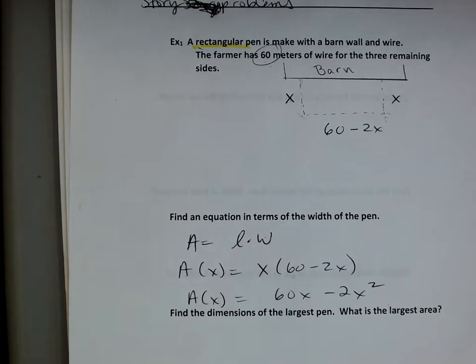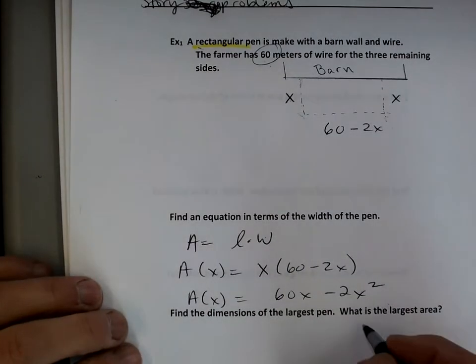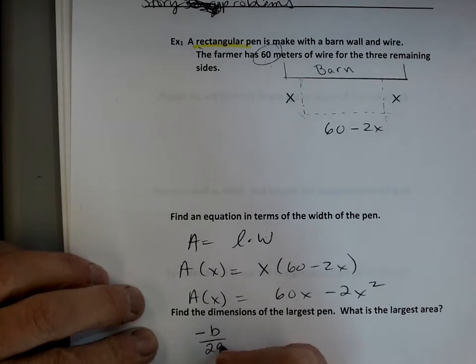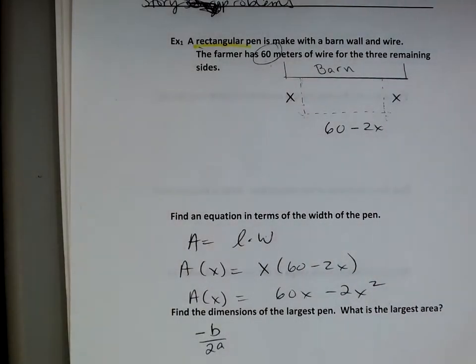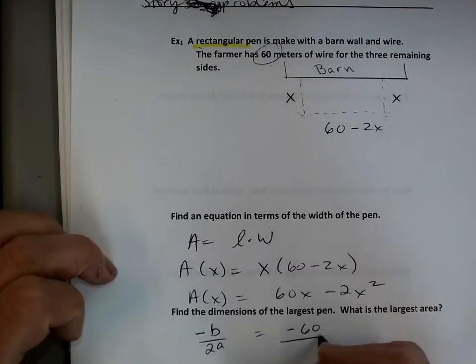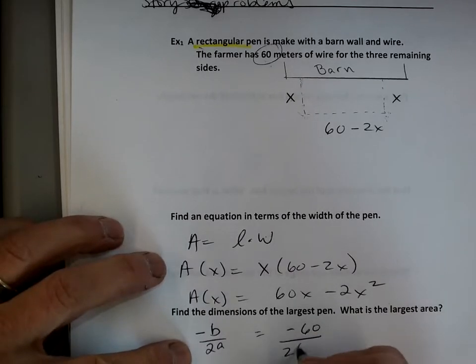All right, so I've got the area, and now I want the largest. One thing I could do is graph it and find the top, the vertex, right? But I also could do it without that. I know that I could use negative b over 2a since it's a parabola. I can find the vertex with negative b over 2a. So I would say, that's negative 60 over 2 times negative 2.